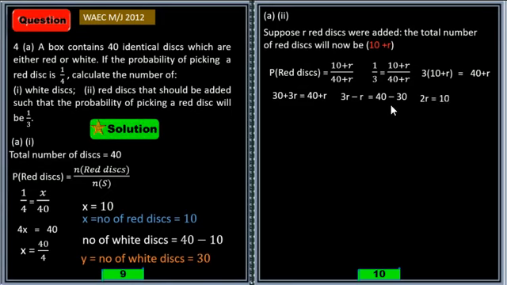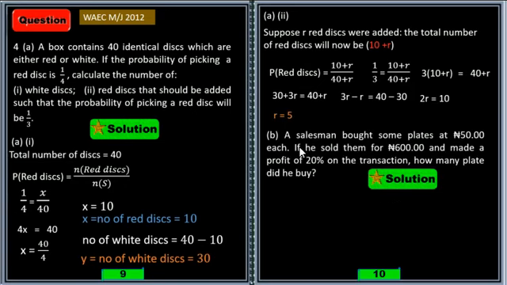So 2R will give us 10. Making R the subject and dividing out, R is equal to 5. So therefore, the number of red discs that must be added to the box so that the probability will be 1 over 3 is 5.